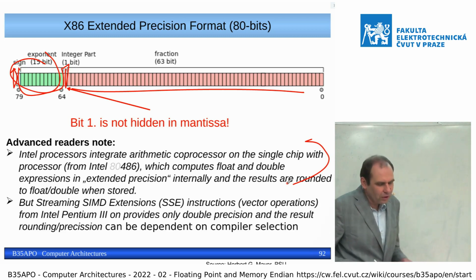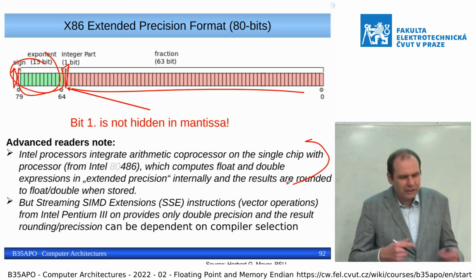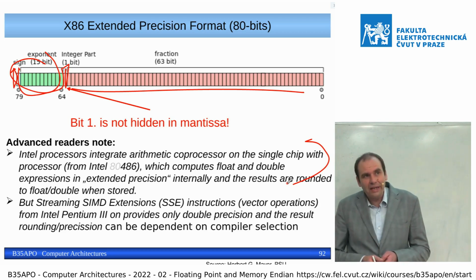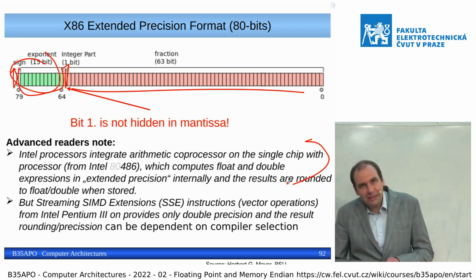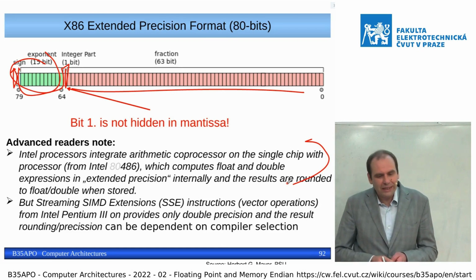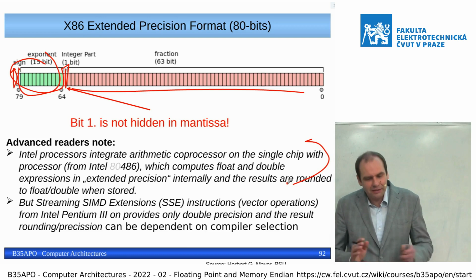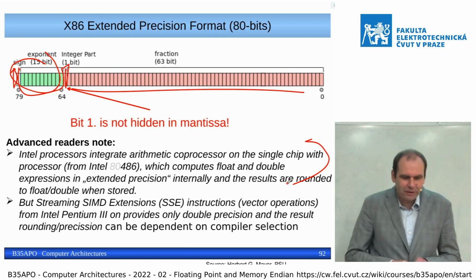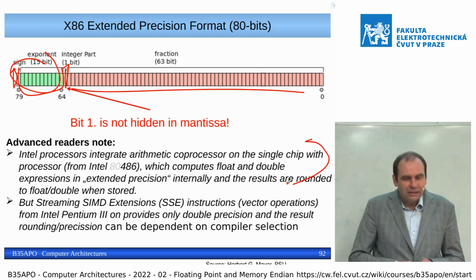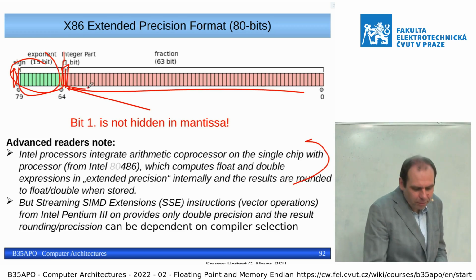So if you keep and compute some stuff inside the floating point coprocessor, you can get a different result on Intel and on other computers. And typically, if there is not that Pentium bug, which was quite funny, with the division, which was imprecise, then usually you get a more precise result.